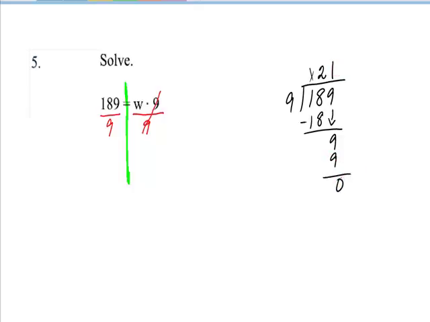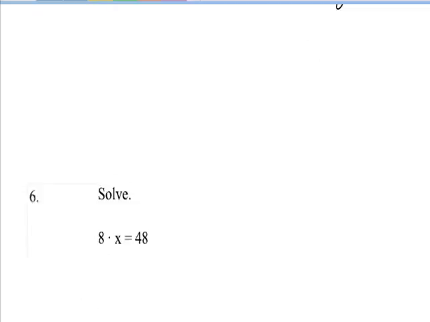I believe on all of these you will get a remainder of 0. So I have w, 1w, but I don't write the 1. And 189 divided by 9 was 21. And if you checked it, 21 times 9 is 189. Okay, so I use division. Let's look at number 6.